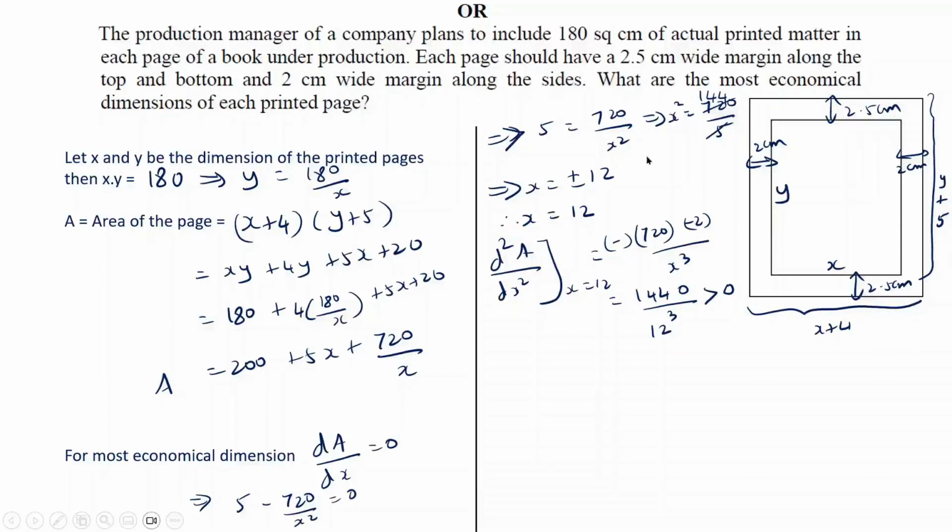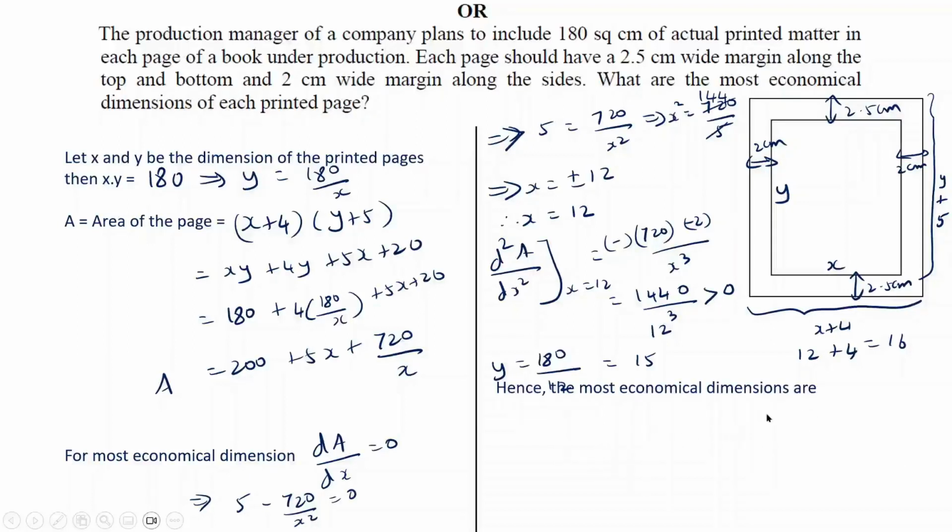Now we have to find the most economical dimensions of each printed page. Here we have the length as 12 plus 4, which is 16. And then we have to find y. y is nothing but 180 upon x, so y is equal to 180 by 12, which is equal to 15.